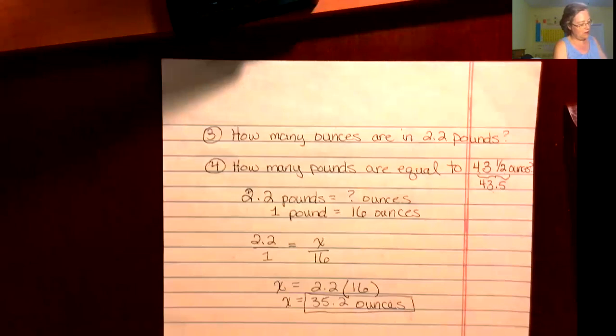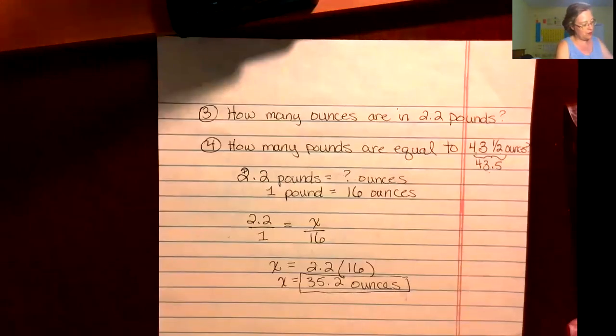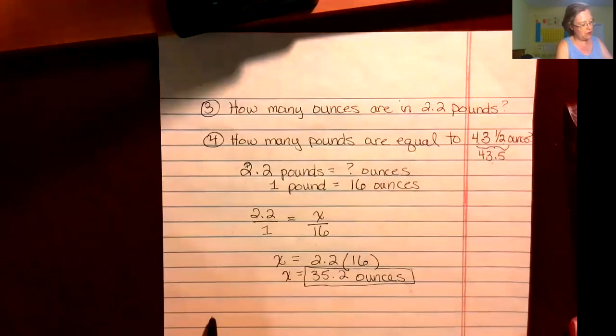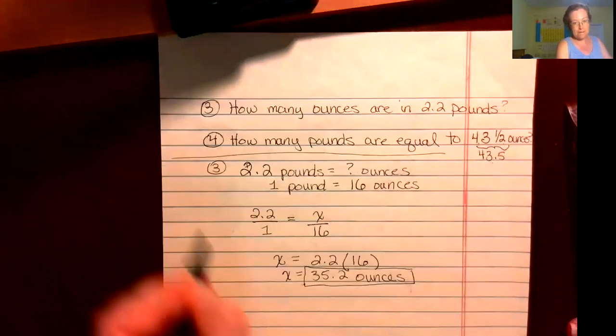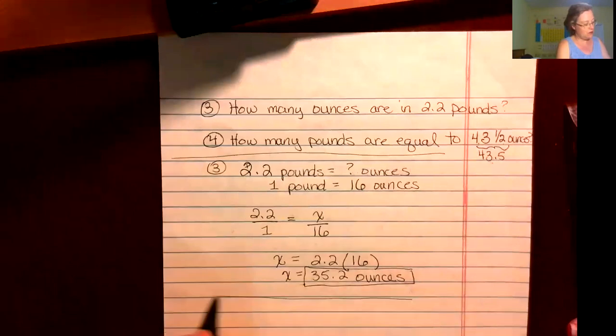And then for number 4, so that was number 3. For number 4, how many pounds are equal to 43.5 ounces? Okay, so 43.5 ounces equals an unknown number of pounds.